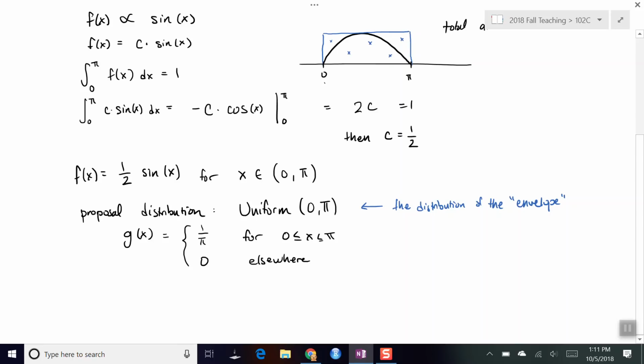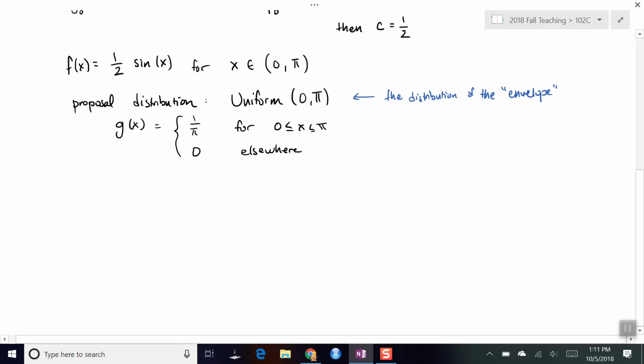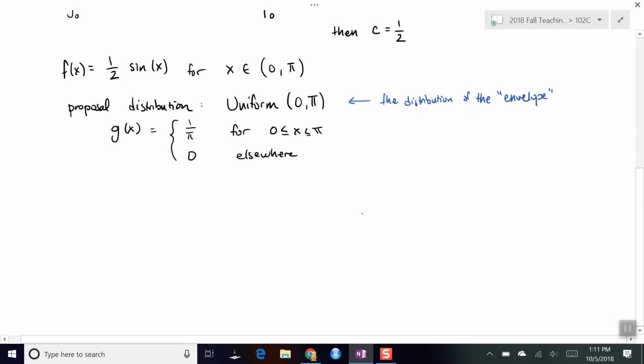Okay, and so our picture here, if I draw this, we have f of x equal to 1/2 sine of x. So what is the tallest value of f of x? What's the max?